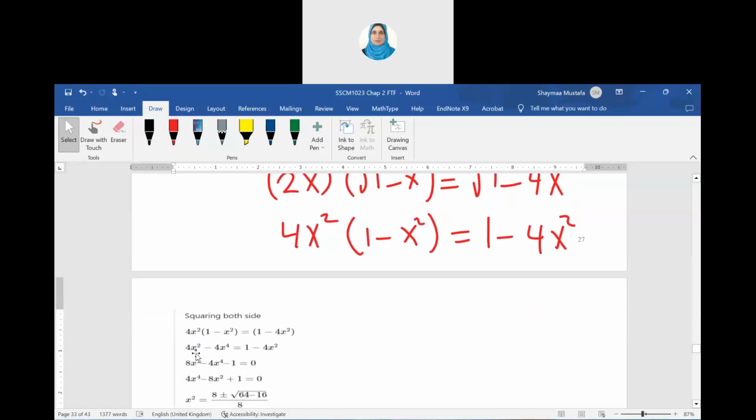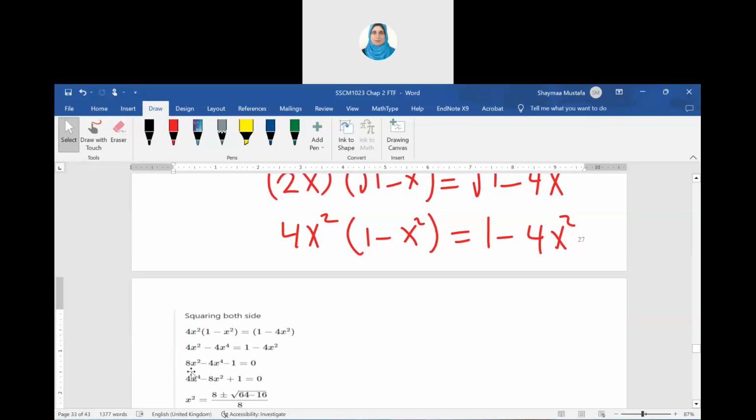So we will solve this equation. We have 4x squared minus 4x squared times x squared, which is minus 4x to the power 4, equal to 1 minus 4x squared. Now 4x squared plus another 4x squared, which is 8x squared, minus 4x to the power 4, minus 1 equal to 0.